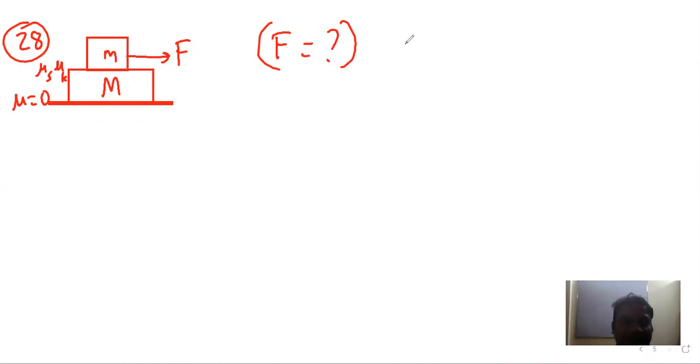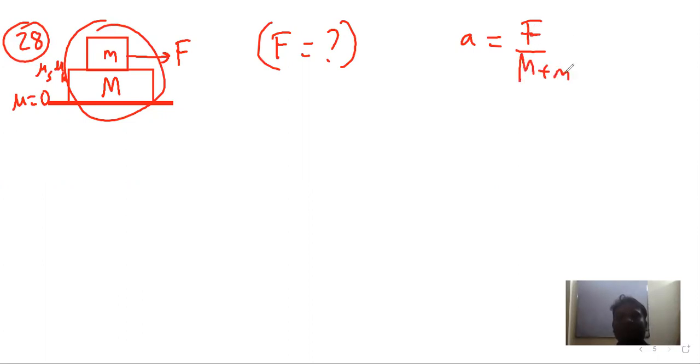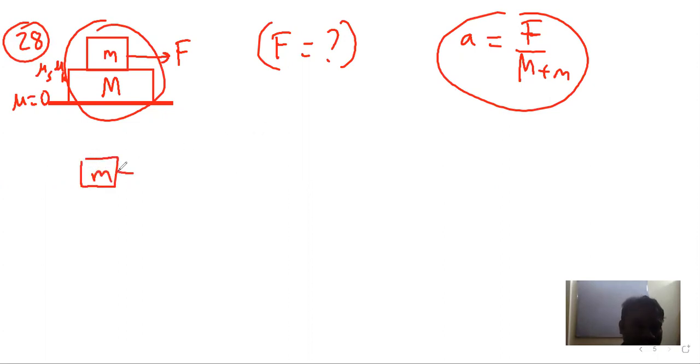So first, if I consider both of them as a system, the acceleration will be total force on the system, which is capital F upon M plus small m. So this is the acceleration of the system. Now let us consider the forces on individual blocks. So the free body diagram of small m: capital F force, acceleration is A, mg acts in downward direction, normal reaction is N1, and friction will be in backward direction.